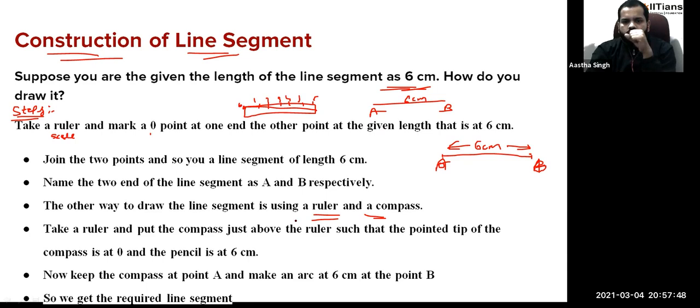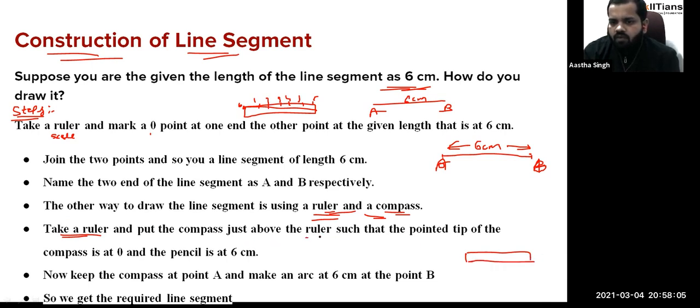Now the other way is with the help of your ruler and a compass. Take a ruler and put the compass just above the ruler so that the pointed tip is at point 0, and the pencil at 6 centimeters.